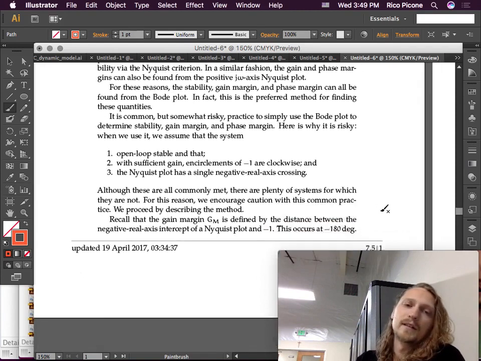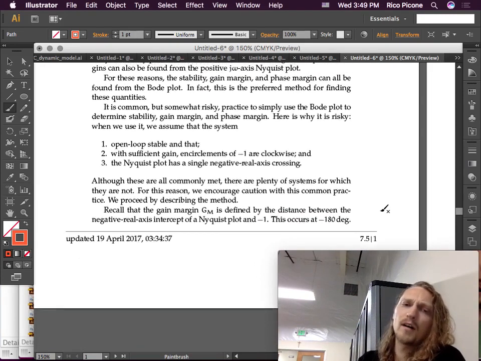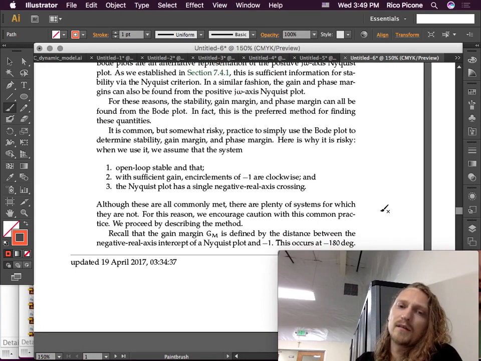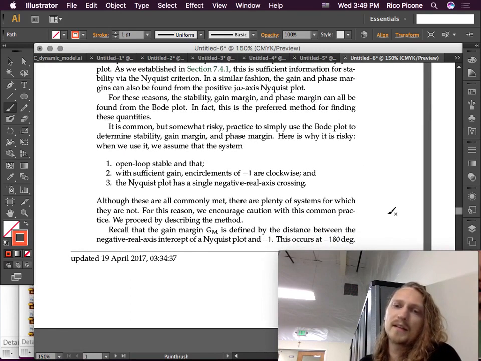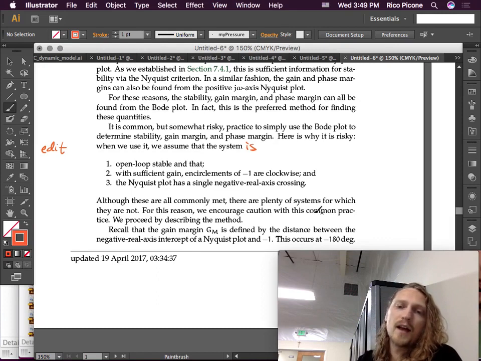So, recall that the gain margin, GM, is defined by the distance between the negative real axis intercept of a Nyquist plot and -1. Just realized that was a typo. This occurs at -180 degrees.